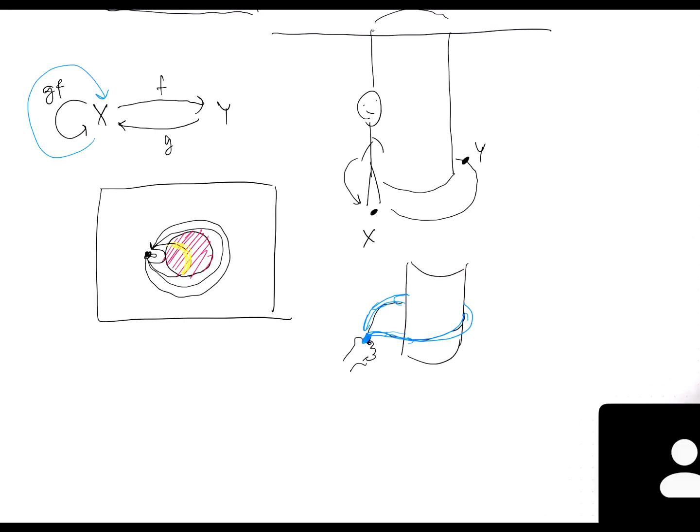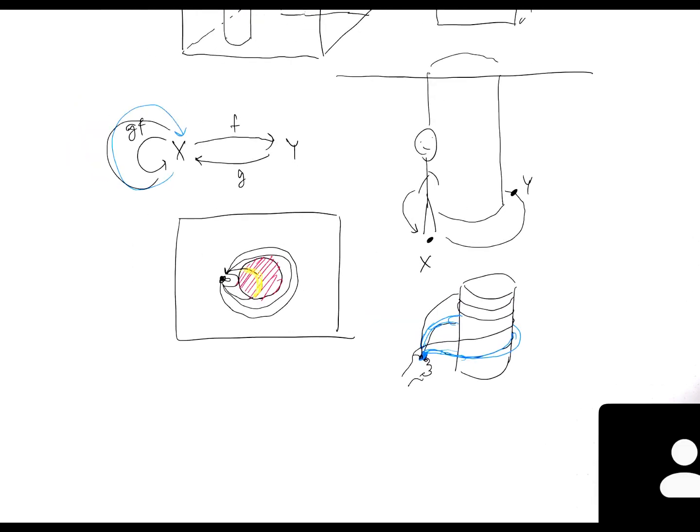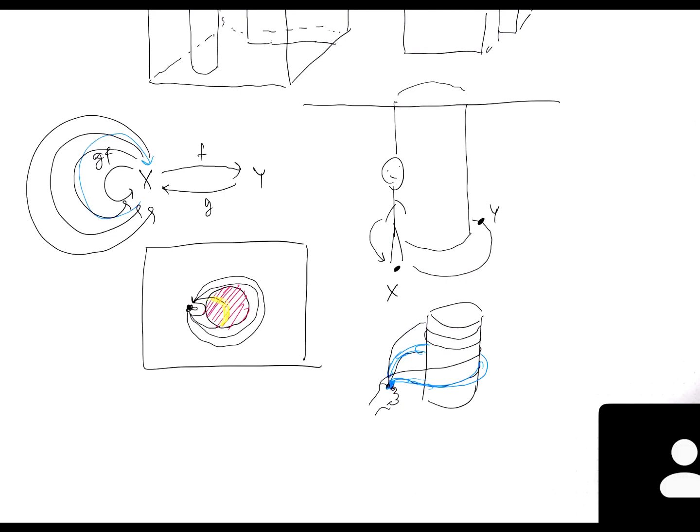And then you can start counting how many isomorphisms like this you have from X to X, and you can get many of them by taking your string and letting it go around your pole, your cylinder, several times before you pull it back into your hand. And you'll get many of these isomorphisms here. And so the collection of these isomorphisms will be detecting, in a way, that your space has this no-go zone.